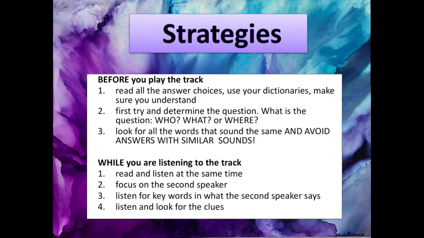Then, while you are listening to the track, you should read and listen at the same time. Focus on the second speaker and listen for key words that the second speaker says. Finally, because these are Skill 4 questions, you should listen and look for clues that will tell you who, what, or where.